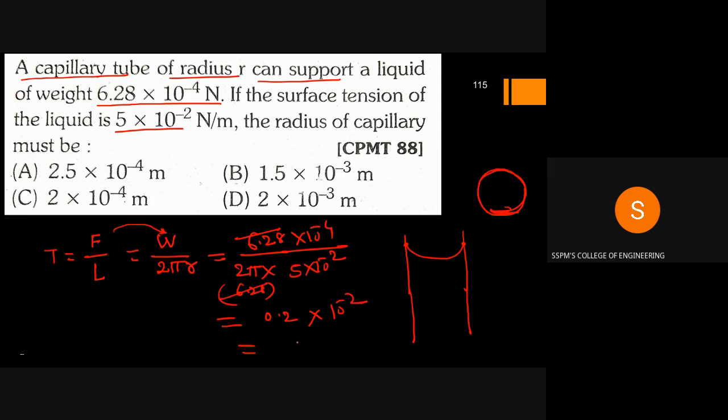So r is equal to 2 x 10^-3 meter. So the correct option is option D. Remember this formula for the capillary tube: T = F upon L, where L is 2 pi r, the circumference of the tube, and W is the weight of the liquid.